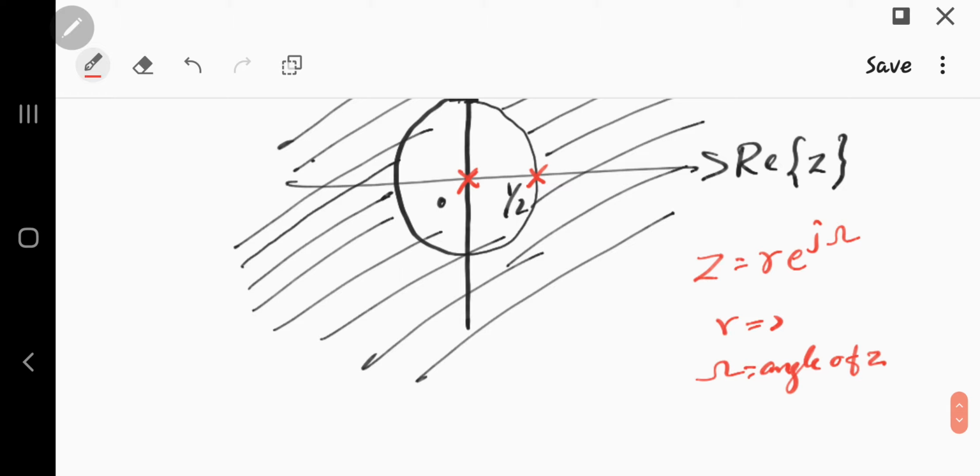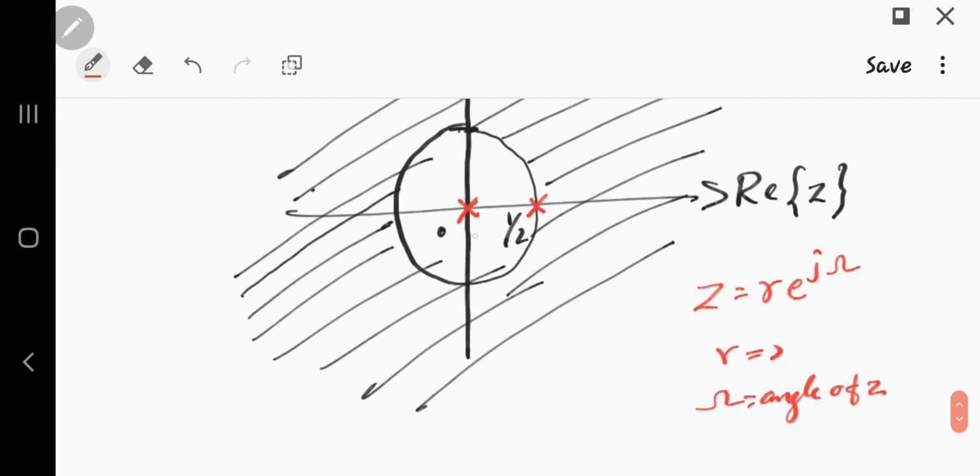It is present at 0 degree. So that's why we are locating the pole here on this axis, and exactly at z is equal to 1 by 2 where the ring is there. So one is at the origin and another one is at the value z is equal to 1 by 2. So this is the point where the pole at z is equal to 1 by 2 is present.